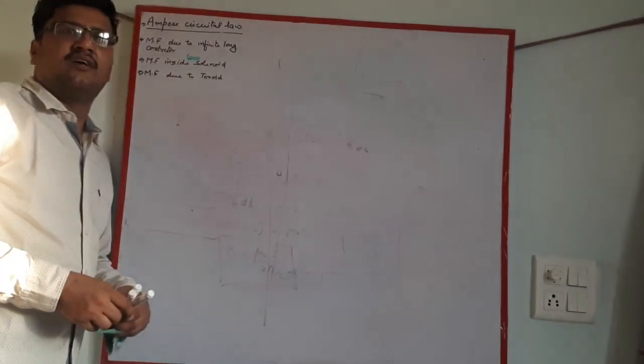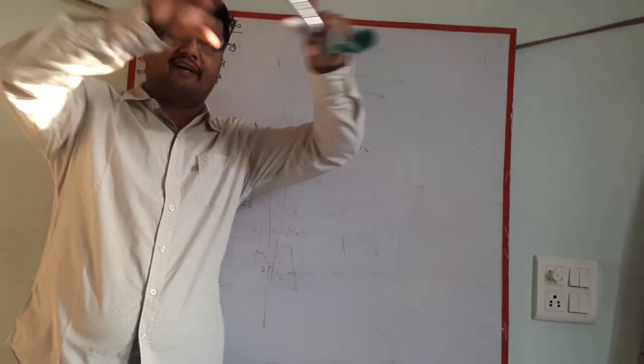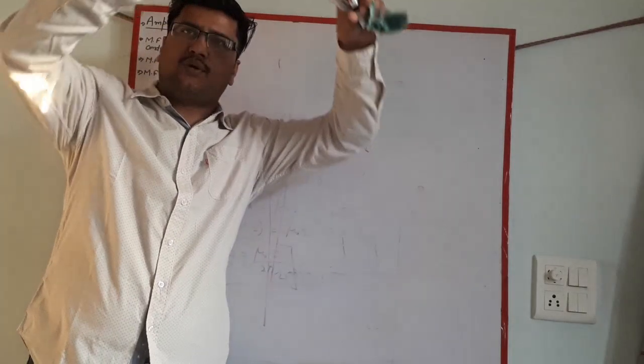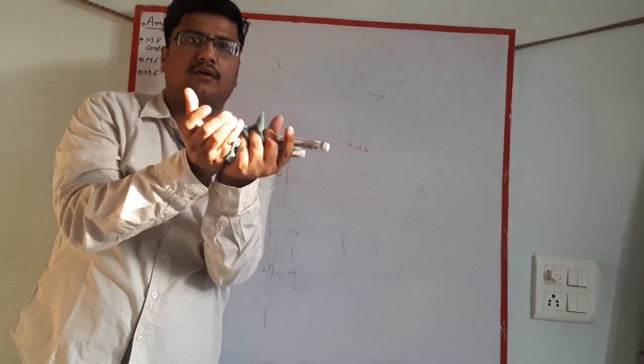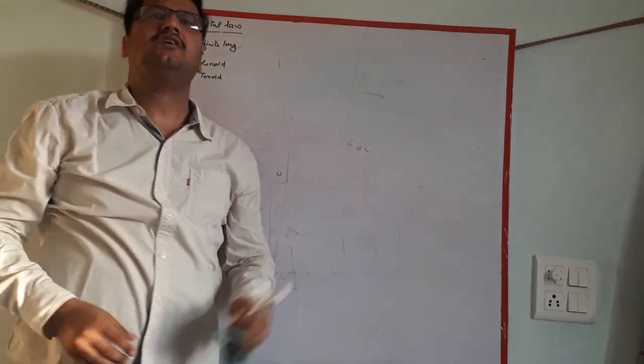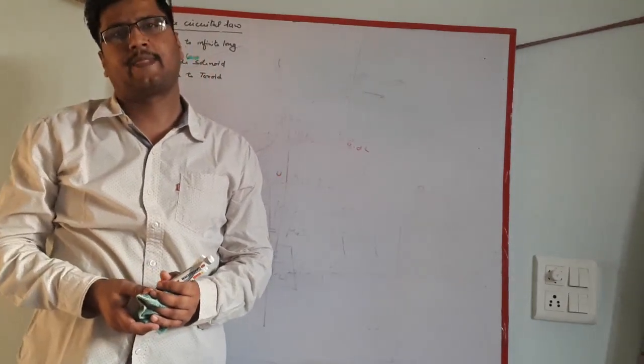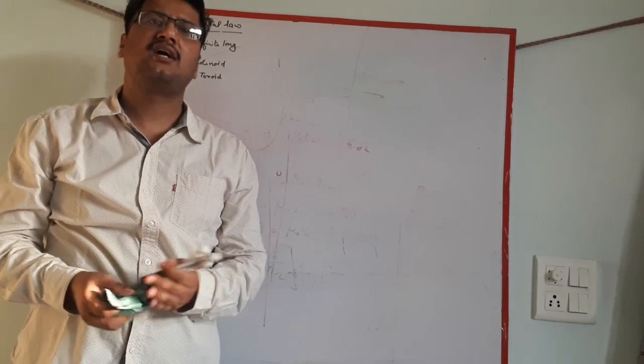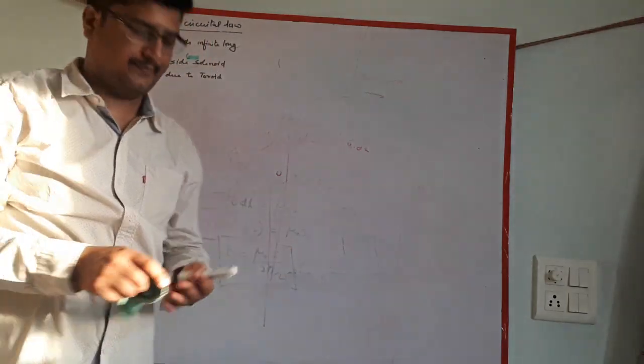Dear friends, if we have a long solenoid and we twist it in the form of a ring, that ring-shaped solenoid is called a toroid. So a toroid is nothing but a ring-shaped solenoid.